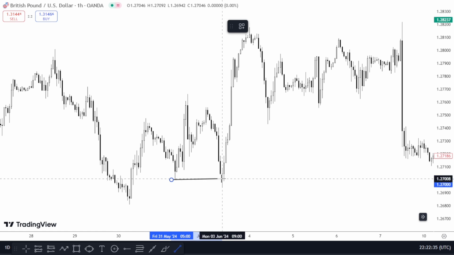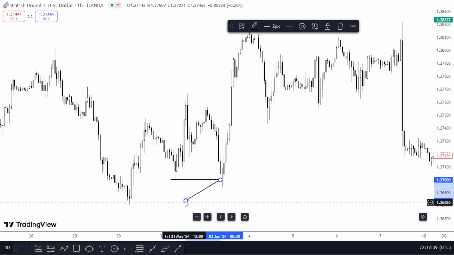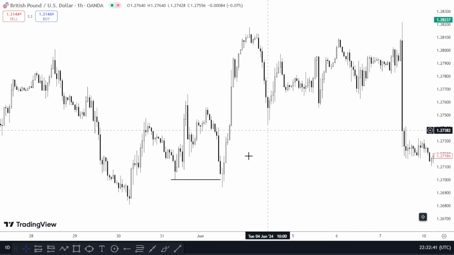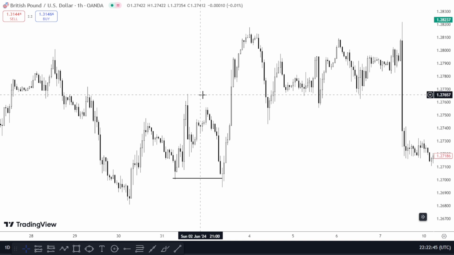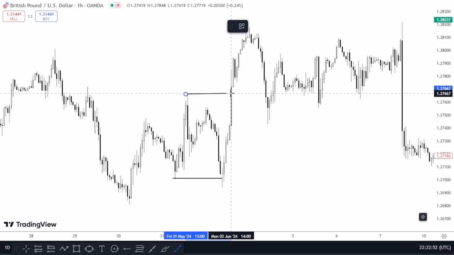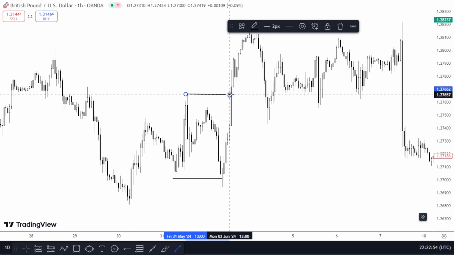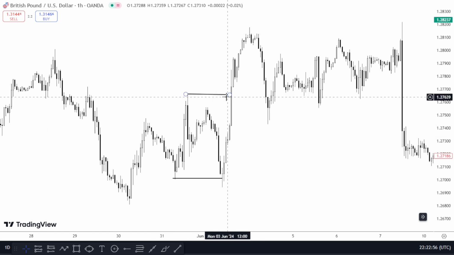So what does that leave us? We have our first break of structure right here.